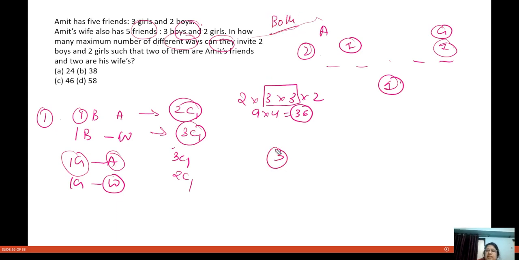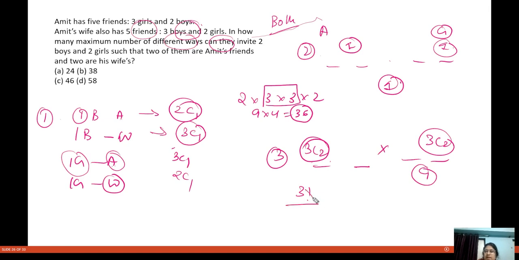Second condition. The third condition is that both the boys are coming from Amit's wife's friends. So that can be done in 3C2 ways. Okay, and both the girls are coming from Amit's friends. So this can also be done in 3C2 ways. Okay, what is 3C2? Factorial 3 into 2, so 3 into 2 divided by 2 into 1. So this is done in three ways, and this is also done in three ways.